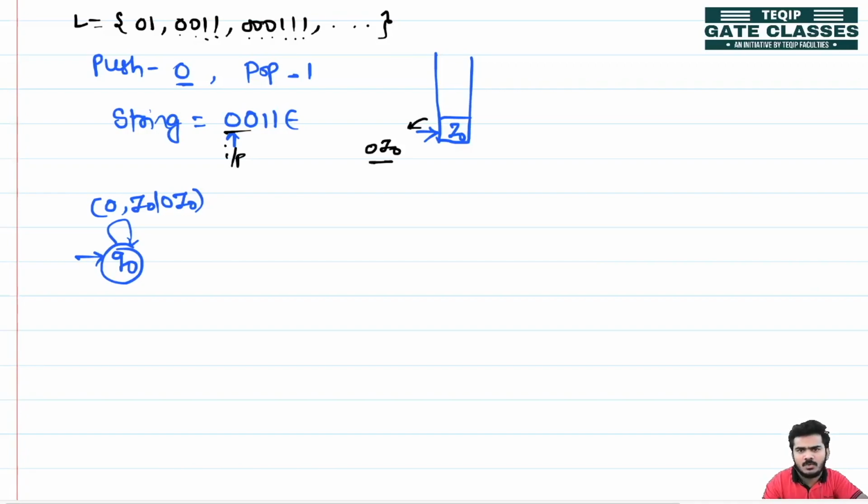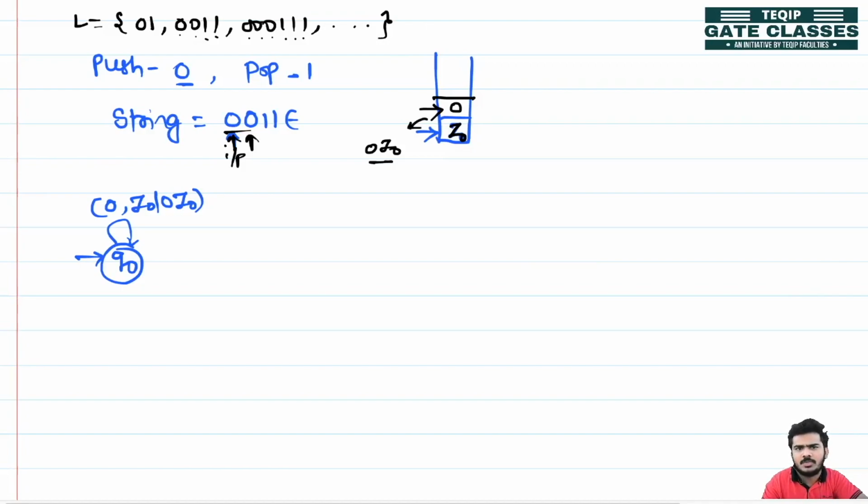Nothing is in the stack now, because I pulled Z0 out. Now I push 0 Z0 into the stack, and the top of the stack becomes this 0. Now I will shift here, because this input is read.